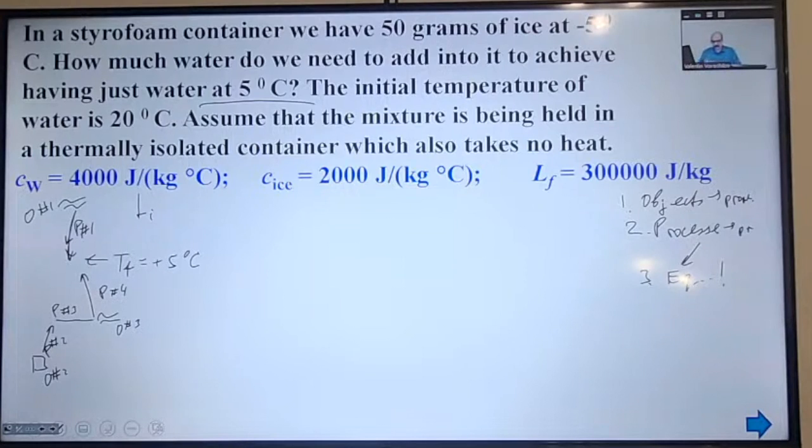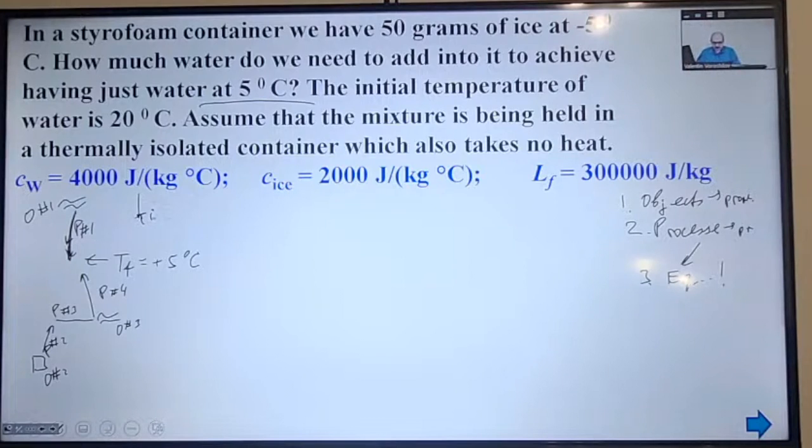So, of course, in reality, all these processes happen at the same time. Small part of ice is melting and warm water is cooling down. And when a small part of ice is melted, we get cold water that immediately starts warming up. So it's not like one thing happens first, another thing happens next.